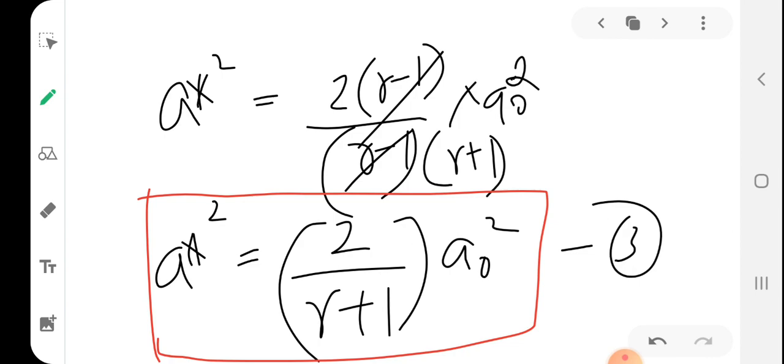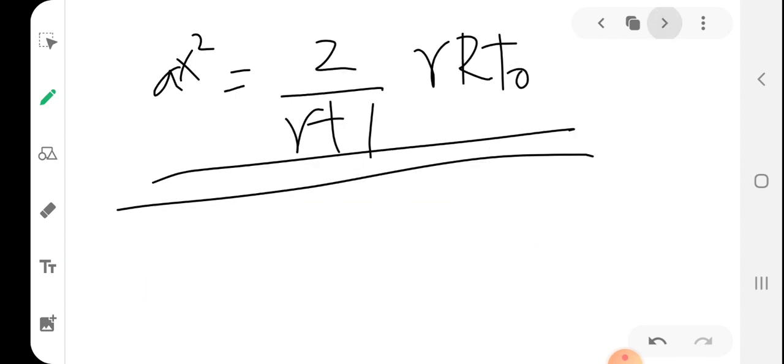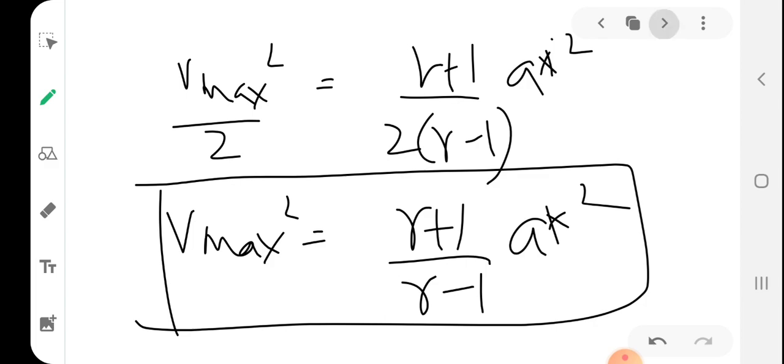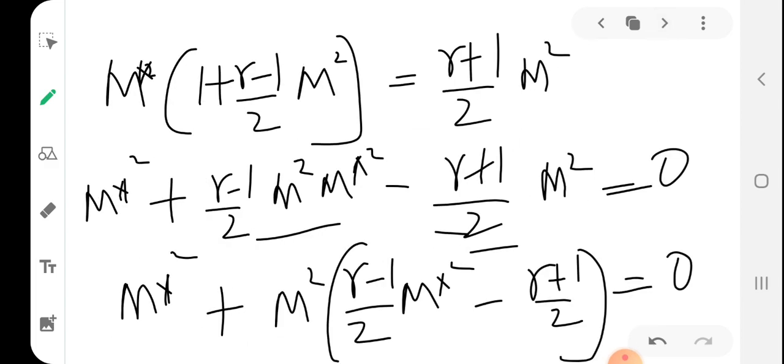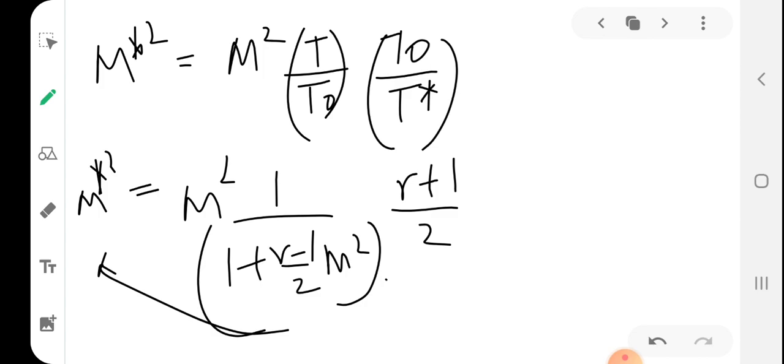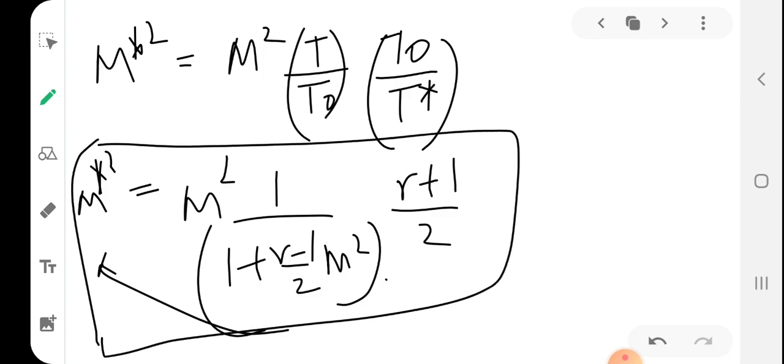So a star square by a0 square is nothing but 2 by gamma plus 1, right? And another relation is M star square can be written as M square into the earlier expression.